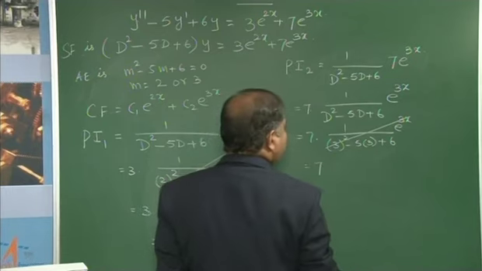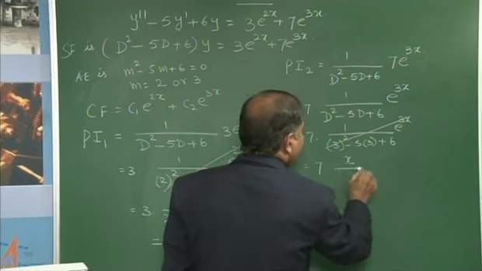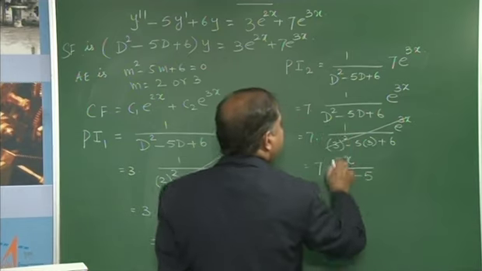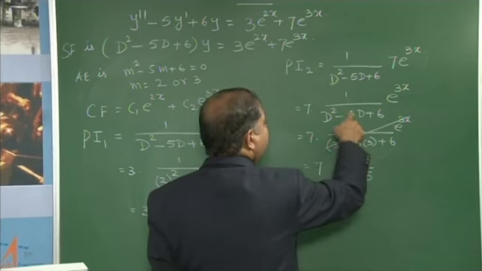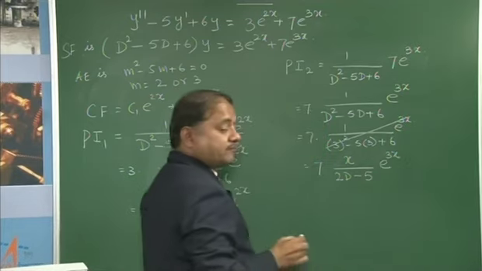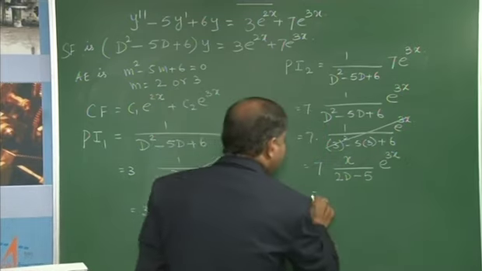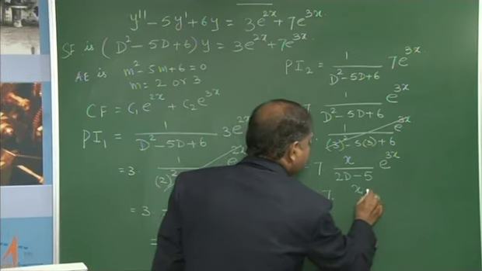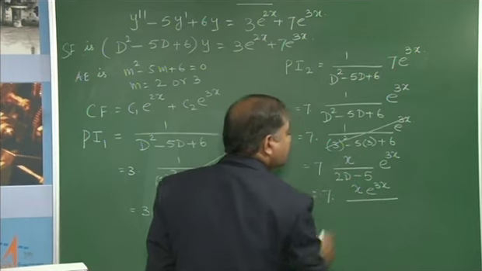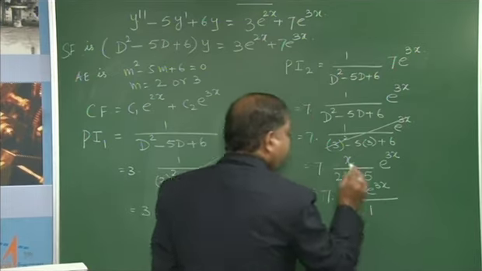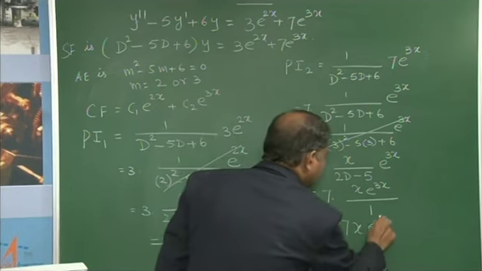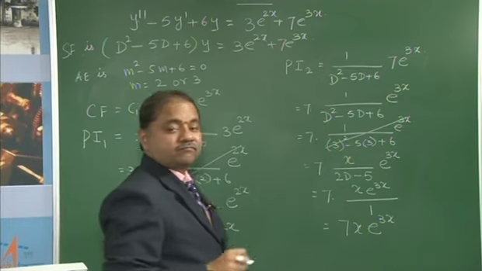So 7 into, what I said, multiply by x in the numerator, differentiate the denominator with respect to d. D square differentiation gives 2d minus 5, e power 3x. Now replace d by a: x e power 3x, we can write, 3 2s are 6 minus 5, 1. So the answer is 7x e power 3x.